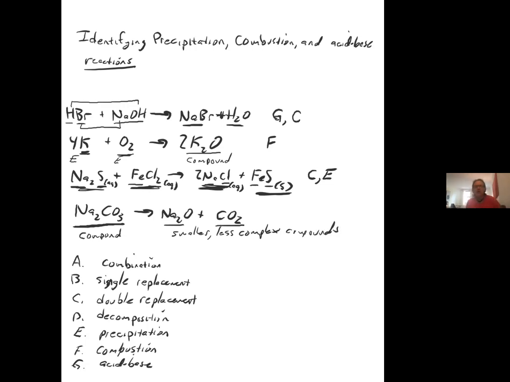Okay, so this is the reverse of a combination. If you take two simple things and you form something that's more complicated, that's a combination reaction. If you take one thing and you break it up into two simpler things, that's a decomposition reaction. So there should be a decomposition, there it is, D. So that would be a decomposition reaction, okay?